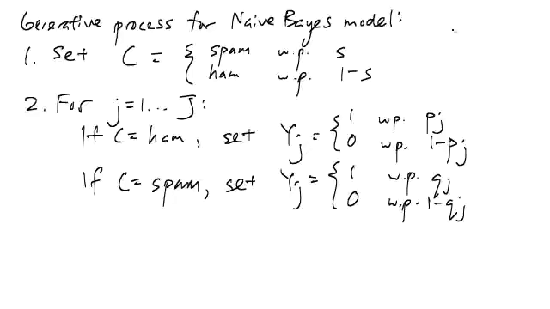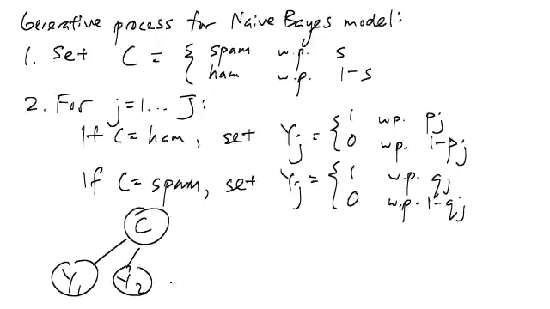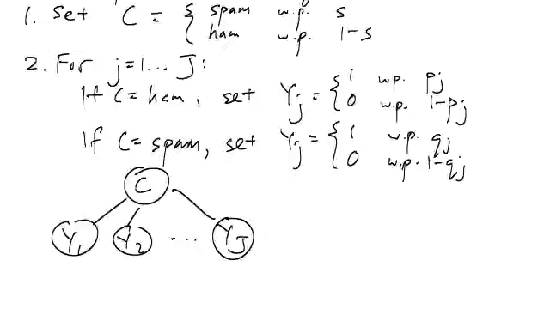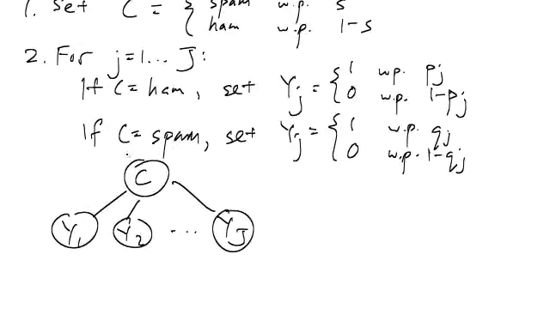Alright, so this is the full generative process. It has a corresponding graphical model, which is as follows. We first generate C, and then we generate each of these features, Y1, Y2, up to Yj. And a very big assumption for the naive Bayes model is that the Yj's are independent given C, the label. And so even though the model makes this very big assumption, and you can see this assumption because if you condition on C, then you delete node C and all the Y's become disconnected.